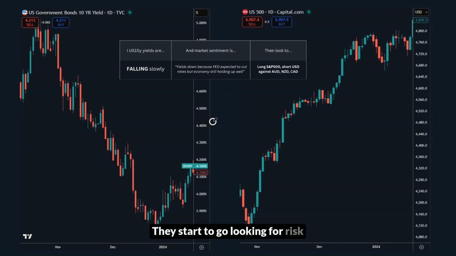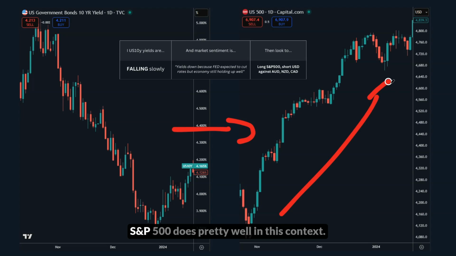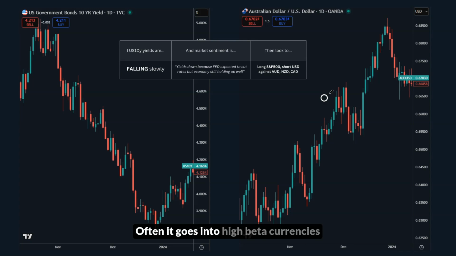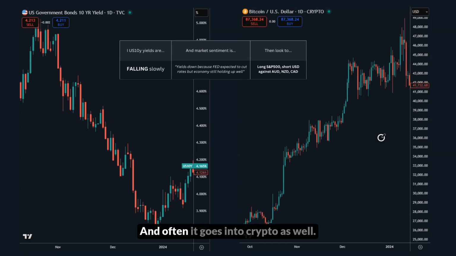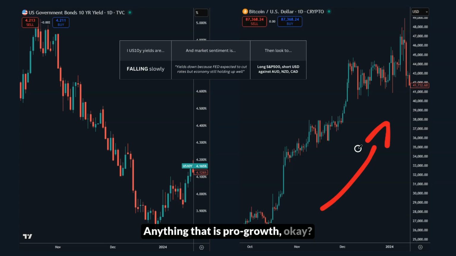They start to go looking for risk. So that flow goes into equities, and the S&P 500 does pretty well in this context. Often it goes into high beta currencies like the Australian dollar, the New Zealand dollar, the Canadian dollar, and often it goes into crypto as well. Anything that is pro-growth, okay?